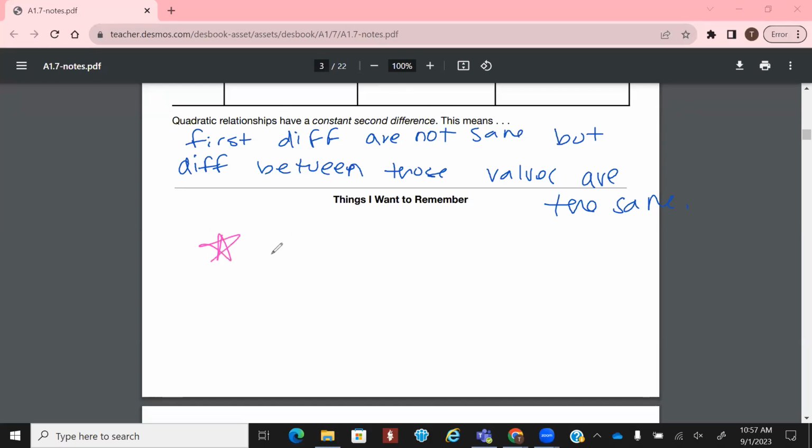Things we want to remember from this is second difference is quadratic.